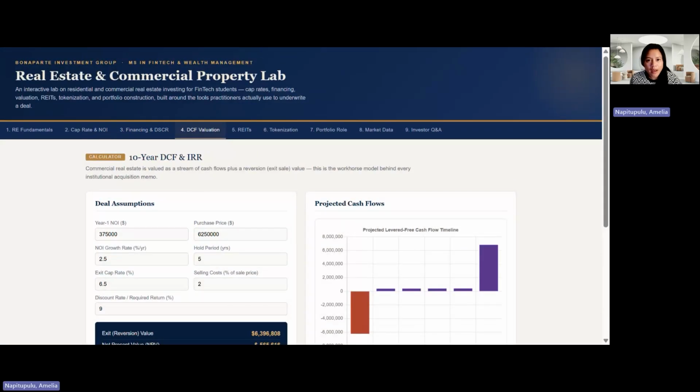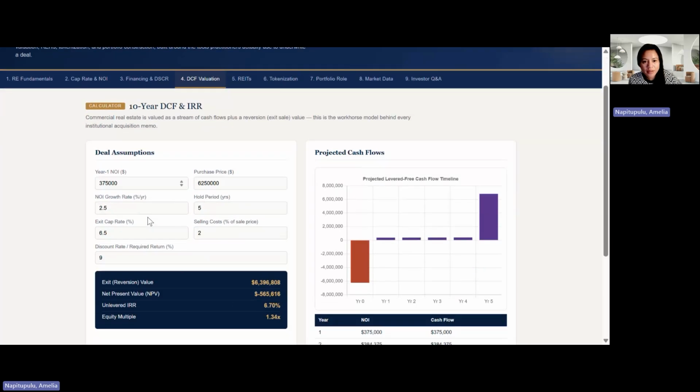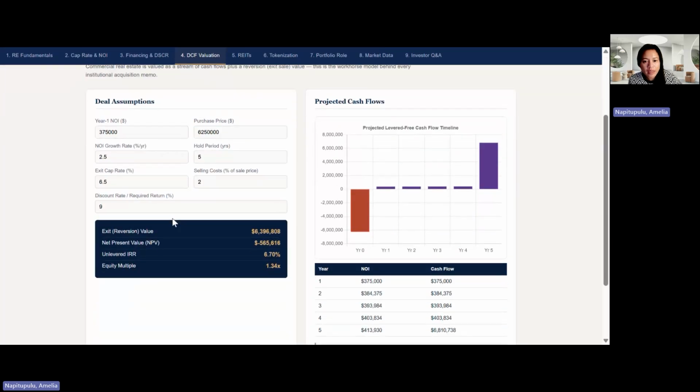So once you've got net operating income and financing down, we move into how professionals actually value a deal, the 10-year DCF, or discounted cash flow model. Here you can plug in your assumptions starting at NOI, and down here, the tool will spit out net present value, unlevered IRR, and an equity multiple.